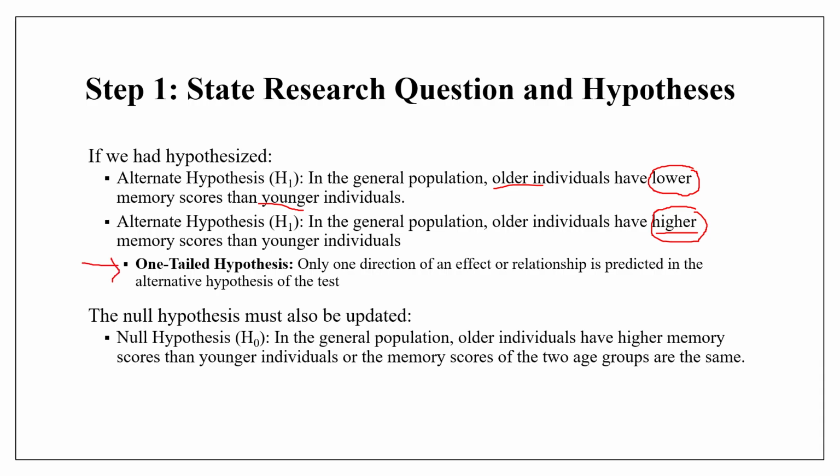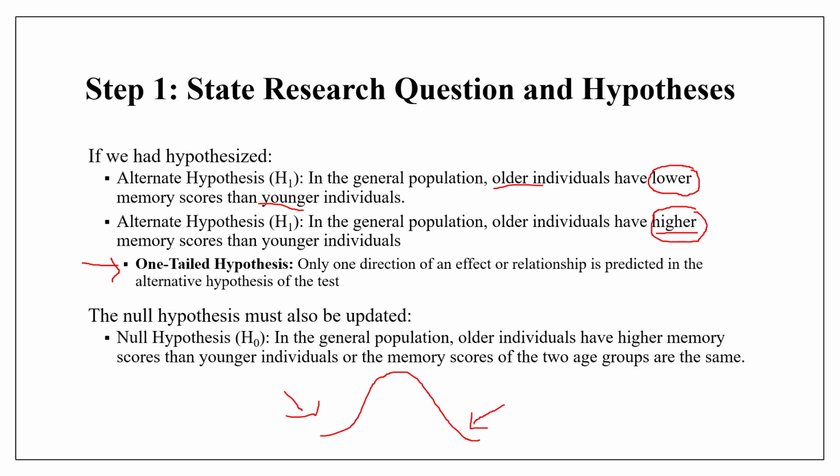And this is going to be important later on because depending on the type of hypotheses that we have, we're either going to be looking at only one tail of the distribution or both tails in the distribution. So remember that when we have a distribution, we have two tails. We have this tail right here, and we have this tail right here.